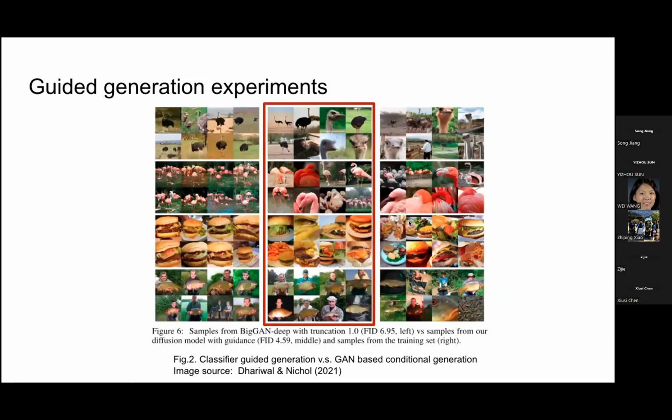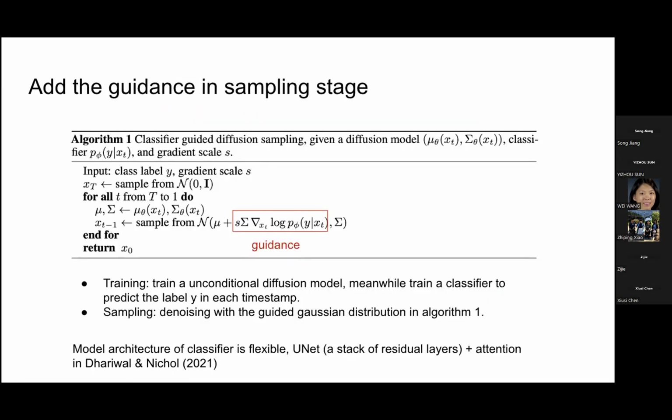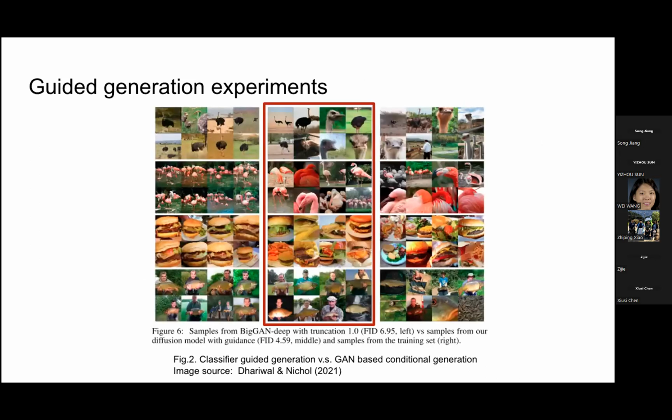Any questions so far? Okay, then let's see how this classifier guidance works. This is a figure from, I forgot which data set, maybe ImageNet.